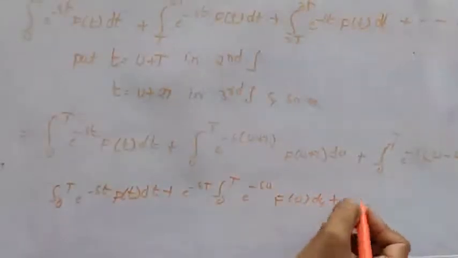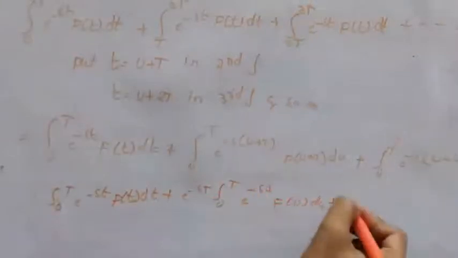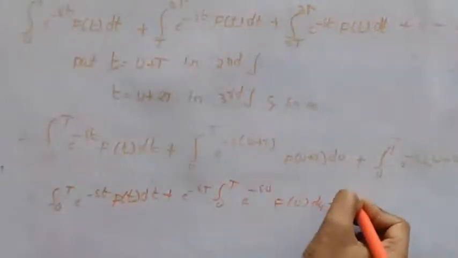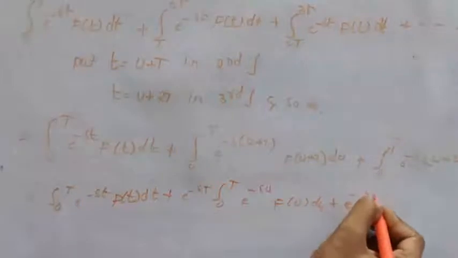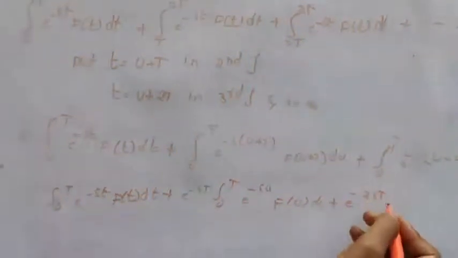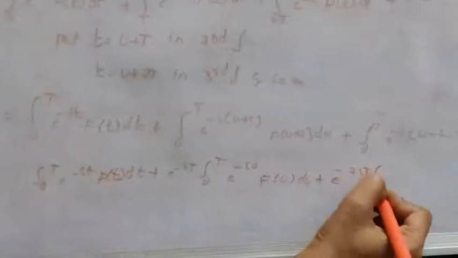Now in this term also, bring e power minus 2sT out of the integral, then the remaining term is integral 0 to T of e power minus su f of u du.